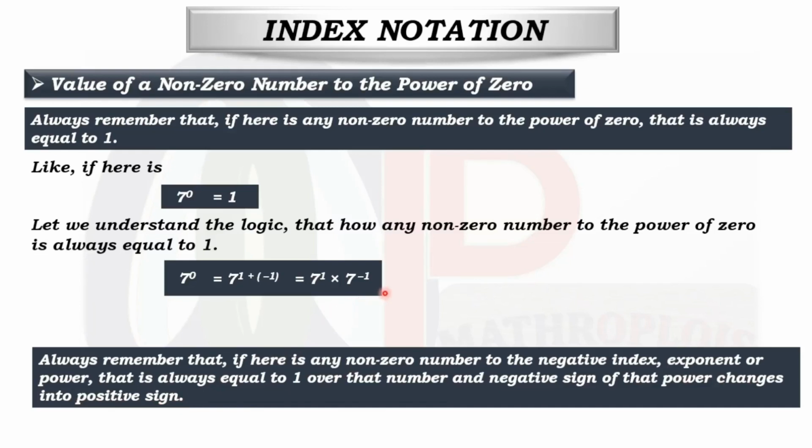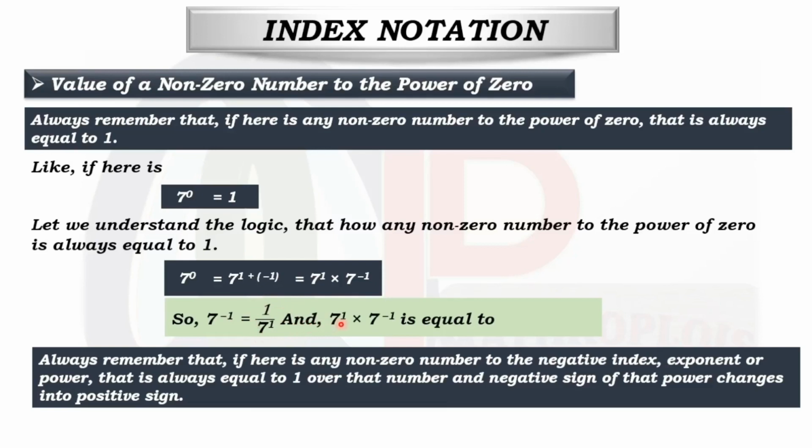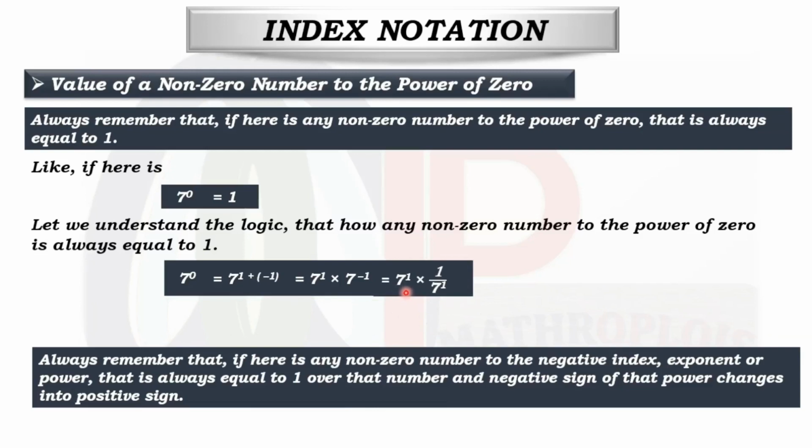So, 7 to the power of -1 is equal to 1 over 7 to the power 1. Hence, 7 to the power of 1 multiplied by 7 to the power of -1 is equal to 7 to the power of 1 multiplied by 1 over 7 to the power of 1.